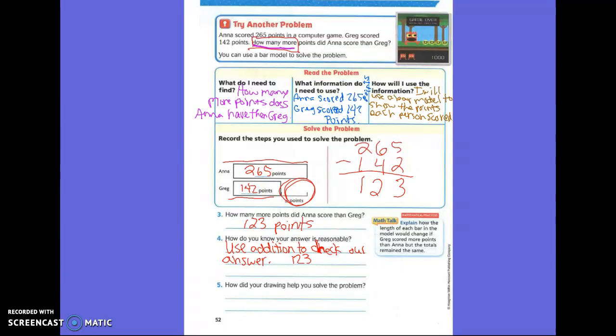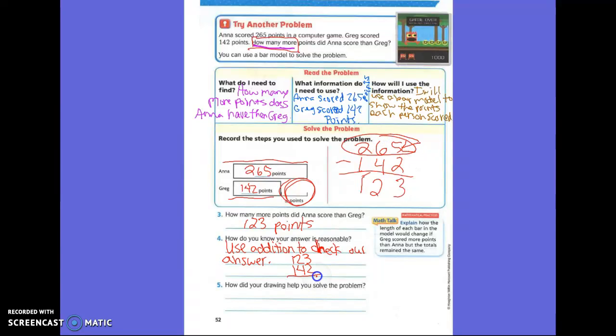Okay. And then, what are we going to add? We're going to add the 142. Then we're going to add 142. And our answer should be, when we add these, 265.